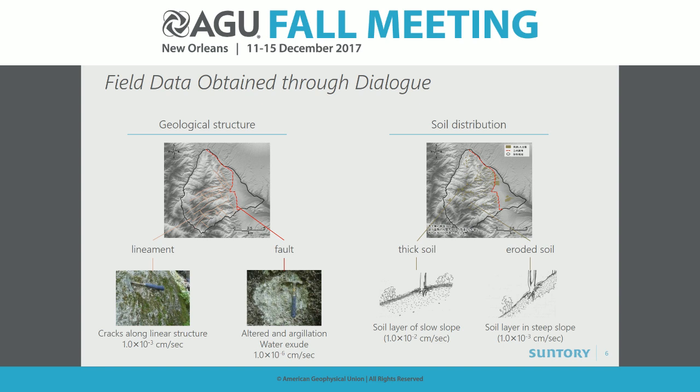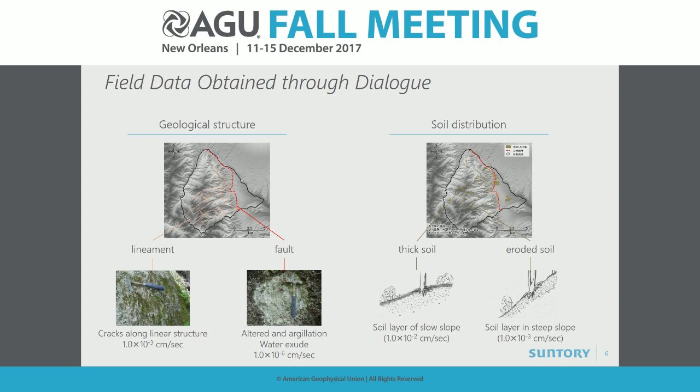And here is the typical field data obtained through the arrow. On the left-hand side, we show the geological structure. Sorry, it is not so clear, but the pink lines show the lineaments. In this area, there are a lot of lineaments from the aerial photographs, and the red line shows the fault.